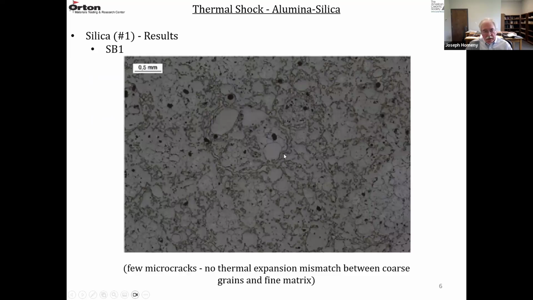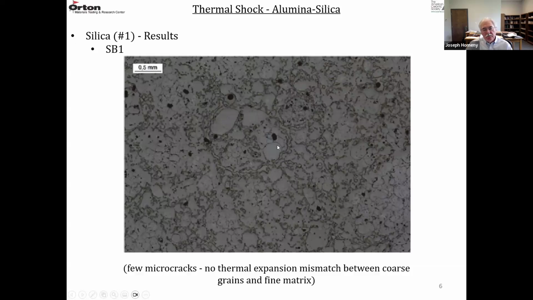So looking at the microstructures here, the marker's a 0.5 millimeter. This is SB1, the crystalline refractory. It's got a pretty fine upper aggregate size here. They're about a 0.5 millimeter.